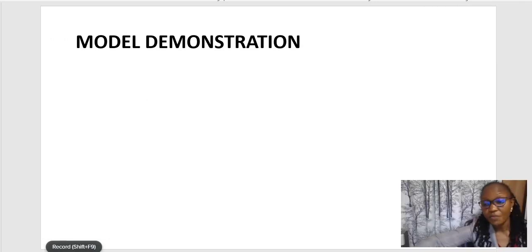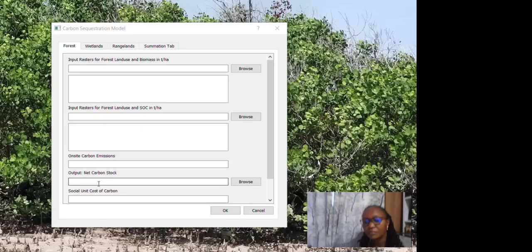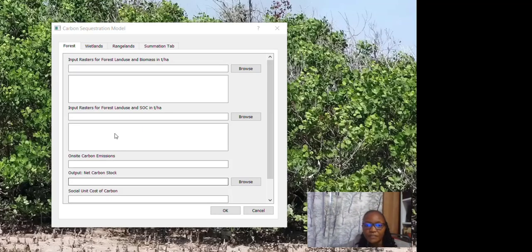So let us now move to our model demonstration. Open your Colward tool with the start button and target the carbon sequestration model. Open it so that we can know what data sets we are loading, run the model, and see what happens. So we have our carbon sequestration model there.